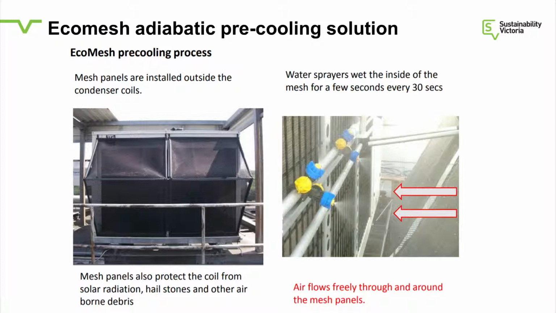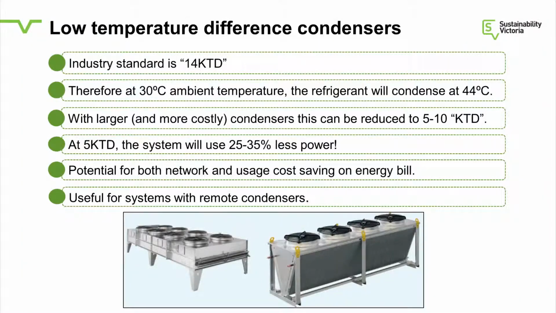And on the right-hand photograph you can see the sprays which spray against the airflow and periodically just wet the mesh. So you're really driving the air across a wet mesh, and that works really well and is a solution that can be fitted onto an existing system. There are quite a few other similar competing technologies out there, so there are quite inexpensive solutions available to put adiabatic cooling onto your existing refrigeration or air conditioning system.